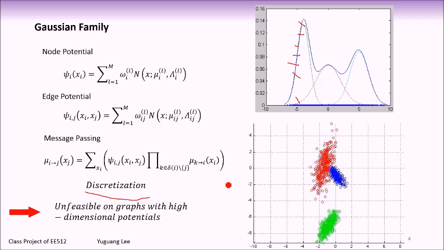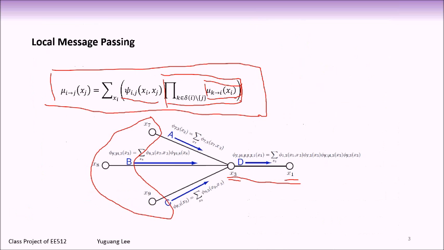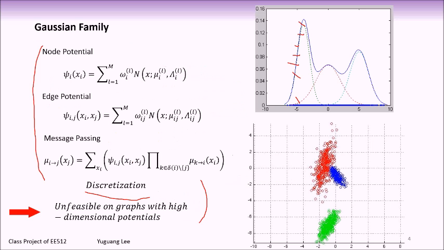The answer is yes, you could do that in the one-dimensional case. However, if the node has 3 or 4 dimensions, it's hard to finish this discretization process because we would have to take too many samples. So, in order to accurately calculate each message, someone proposed another method called Gaussian belief propagation, which uses the Gaussian family.